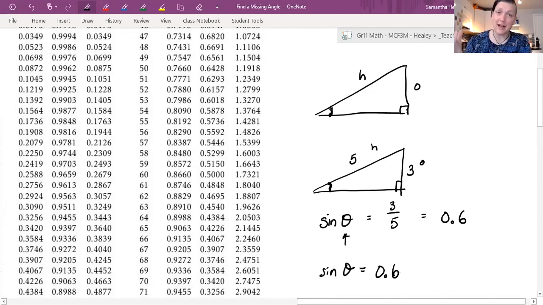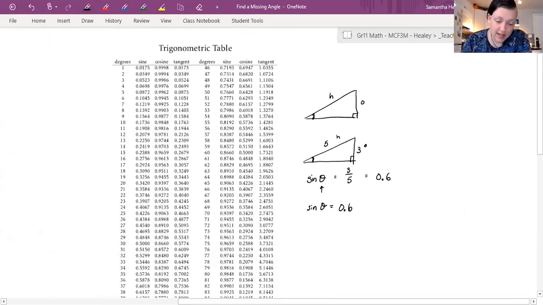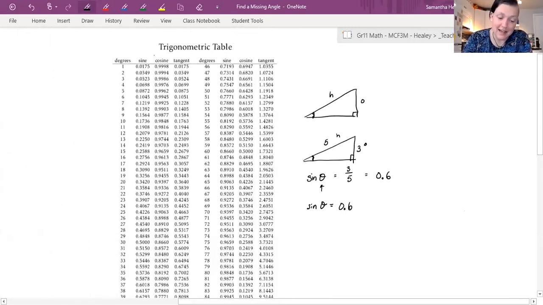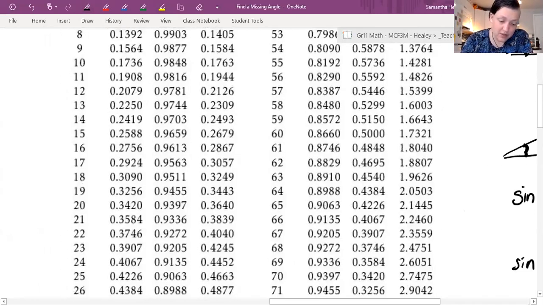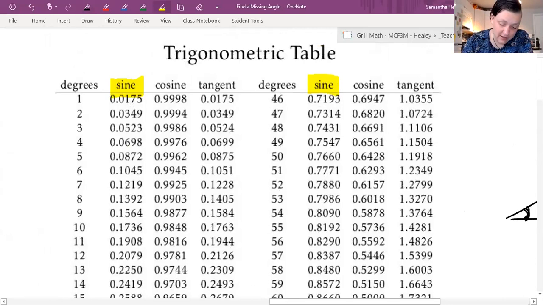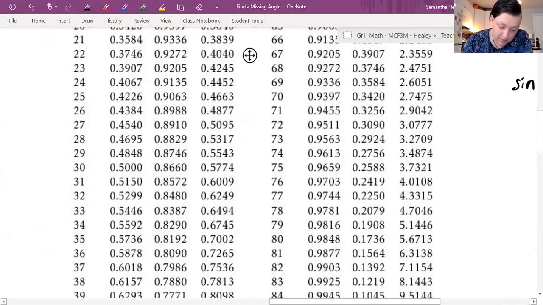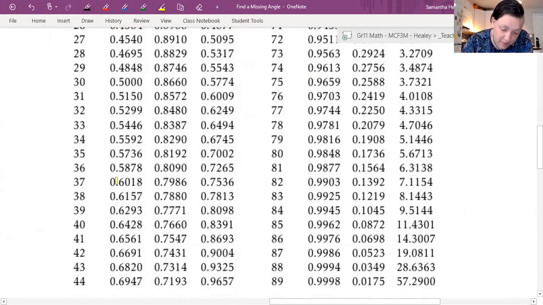What my mom had to do in school, for example, is go into these tables and look in the sine list to find 0.6, or whatever is closest to it. This whole first column is sine. Oh, found it: 0.6018 is 37 degrees.